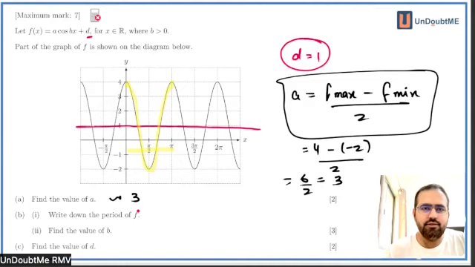Yes, this is clear. Alison: I'm still confused as to how the reference point is 1. Okay. Are you clear with the value of A? Yeah. Okay. So that amplitude is observed from the x-axis. Do you understand that? Yeah. So from the x-axis, you have to rise 3 units up, 3 units down.